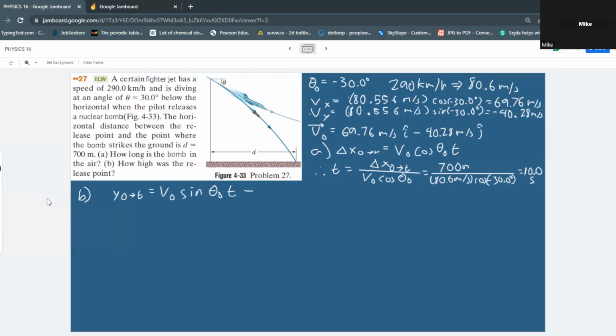Oh wait, that's correct. Oh wait, it's still technically the same. Yes. Okay, so 1/2 meron na siyang G. Yes, G t squared.